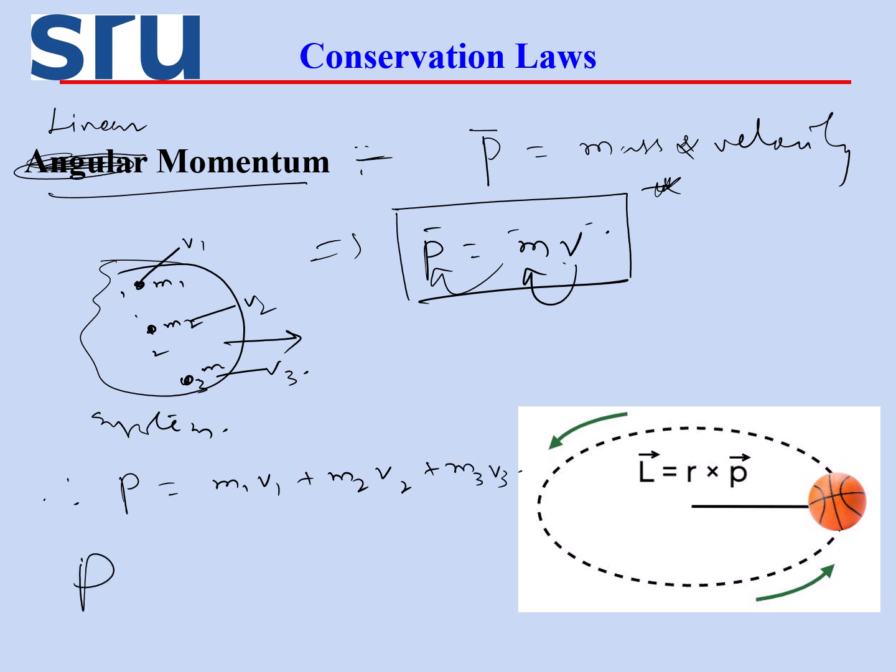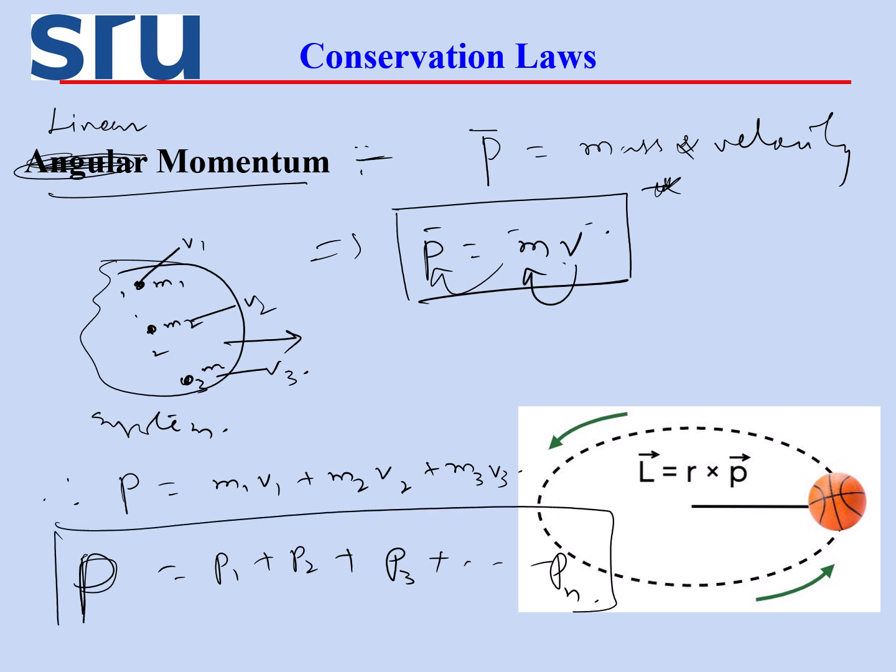So the total linear momentum of the system is p1 plus p2 plus p3 and so on up to pn. So this is the conservation of linear momentum.